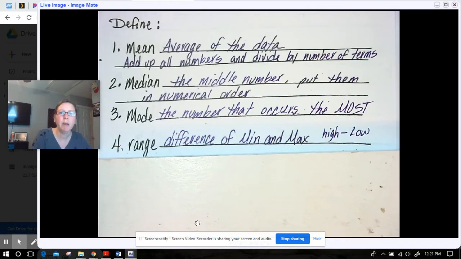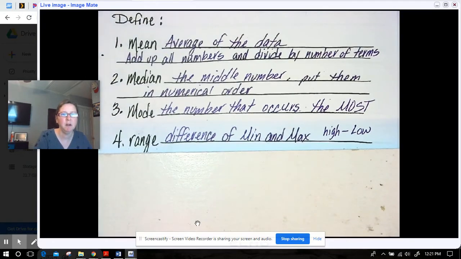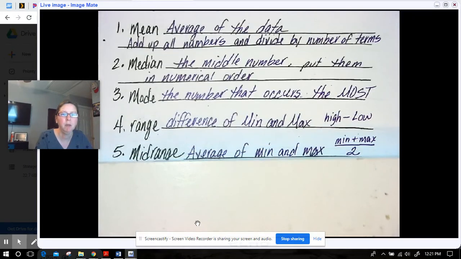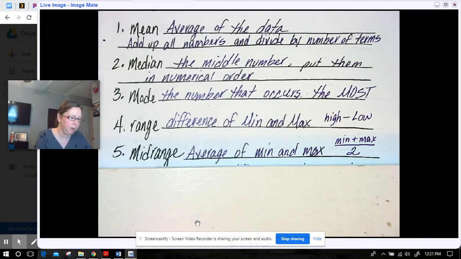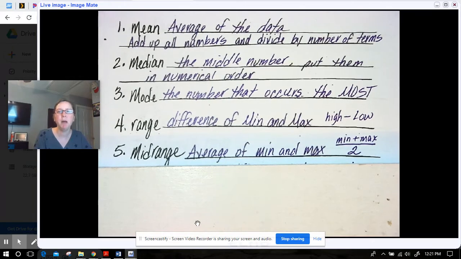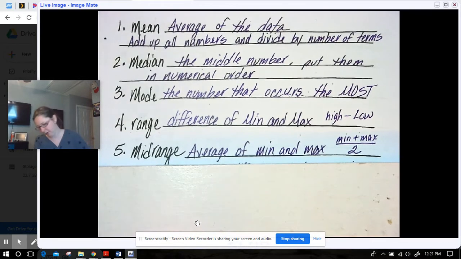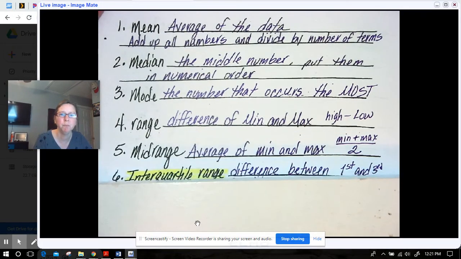Range. The range is the difference in the numbers from the highest down to the lowest, and we subtract that. High minus low will give you the difference. And then the mid-range is the average of the minimum number and the maximum number. So we're going to take two numbers, add those together, and to get their average, we divide by 2 because there was two numbers.